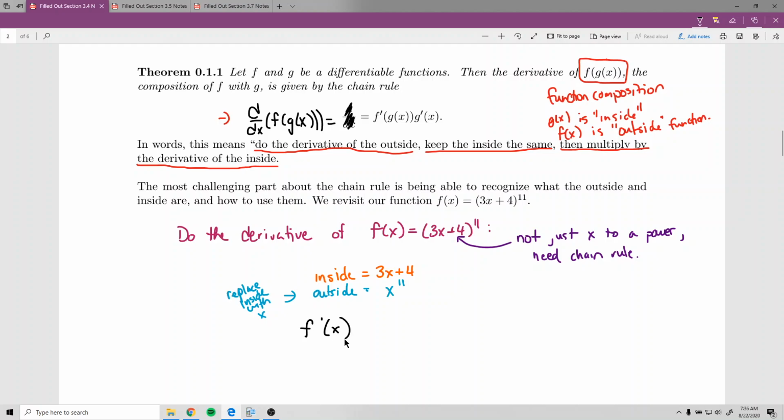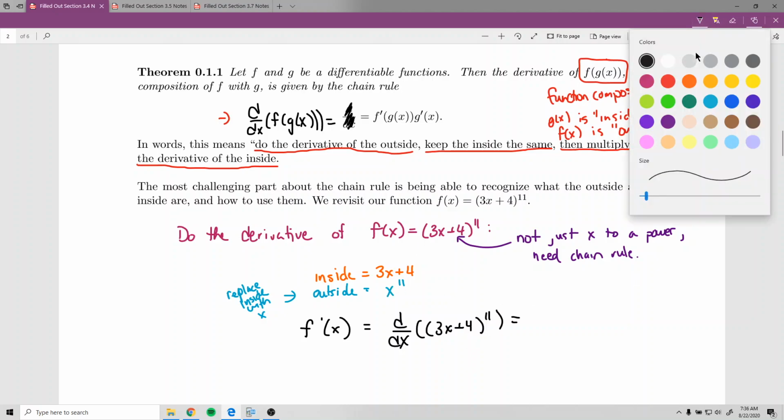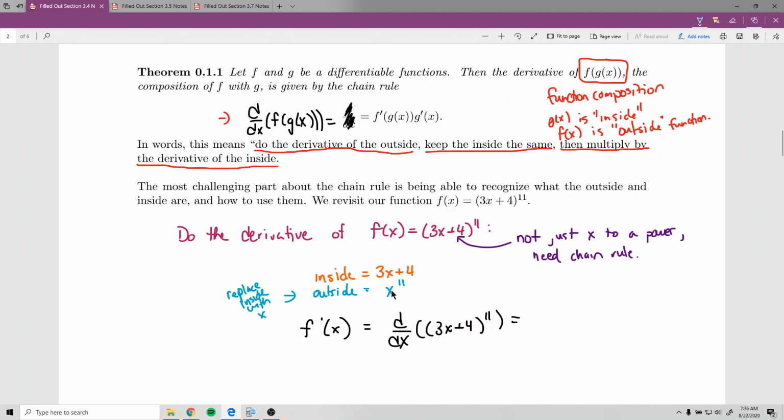So f prime of x, the derivative of 3x plus 4 to the 11th power. What we do is we do the derivative of the outside. So to do the derivative of x to the 11th, we bring the 11 down, and we rewrite the x to the 10th power.